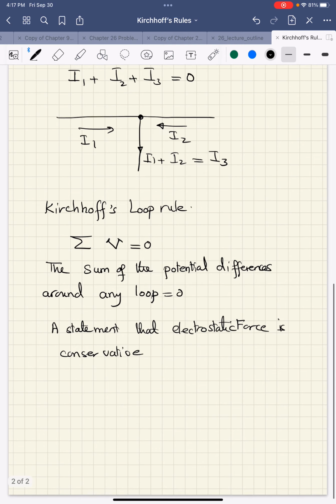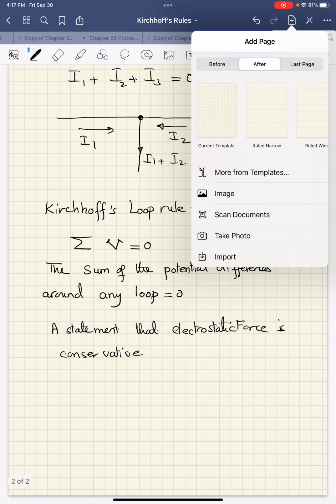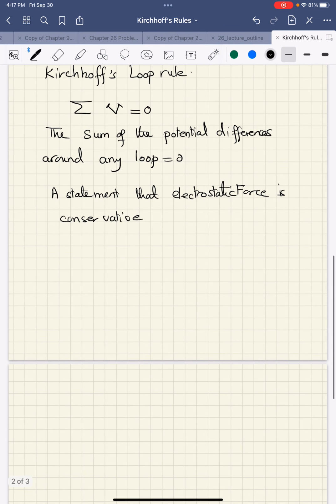Now, related to this, and to see how to use these, there are sign conventions that we should follow for the loop rule.